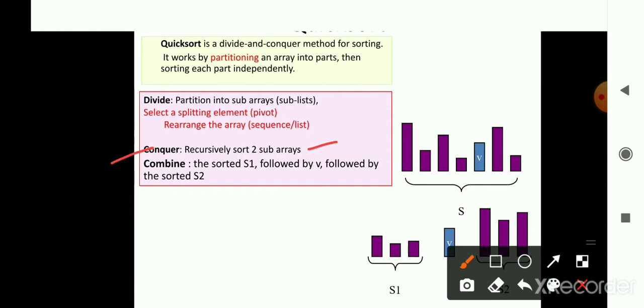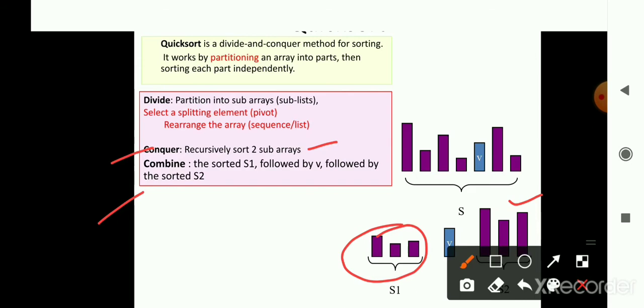Again this list will be divided into two parts by choosing a pivot, and the other list is also divided into two parts by choosing a pivot, and it will go up to the last element, that is, the sorted element. When we get the sorted elements, we combine all the sublists. The last one is the combine part. This step does not play a significant role in quicksort. The array is already sorted at the end of the conquer step.